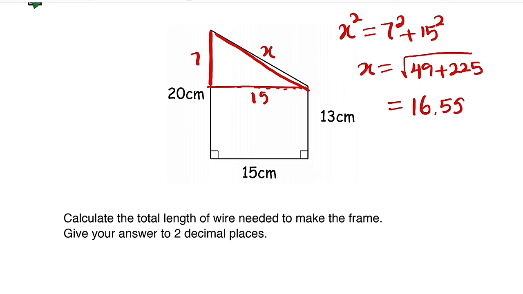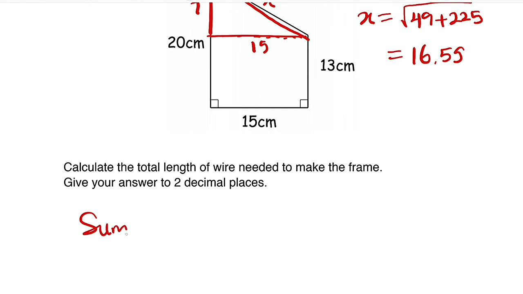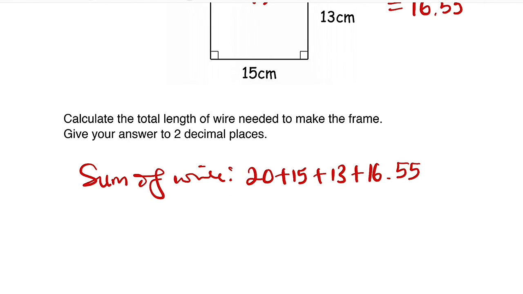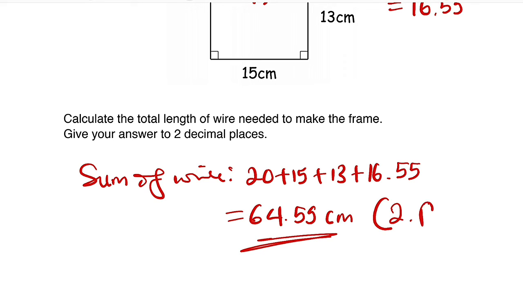So let's add them together. So the sum of wire needed will be 20 plus 15 plus 13 plus 16.55, and this is equal to 64.55 cm to 2 decimal places.